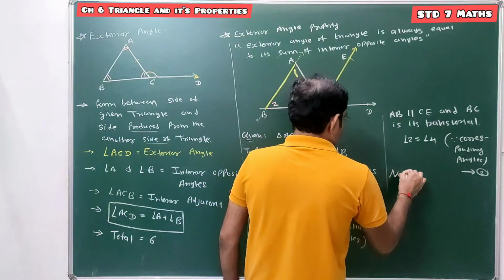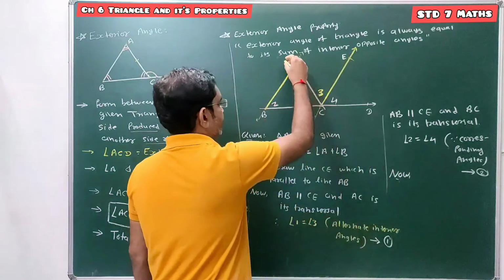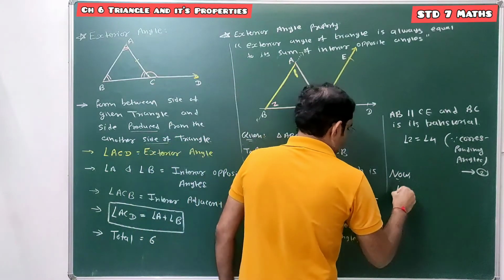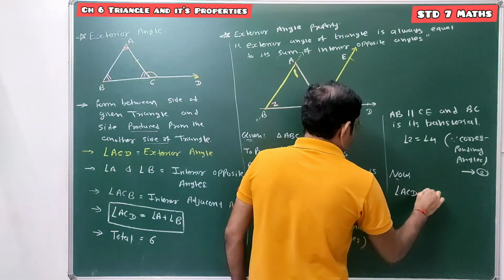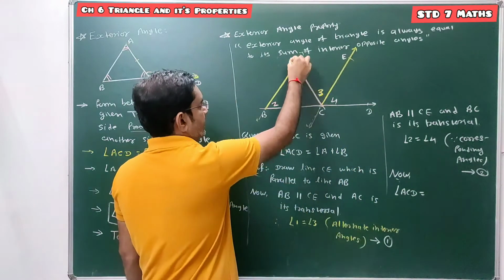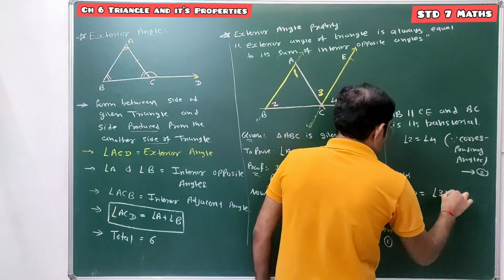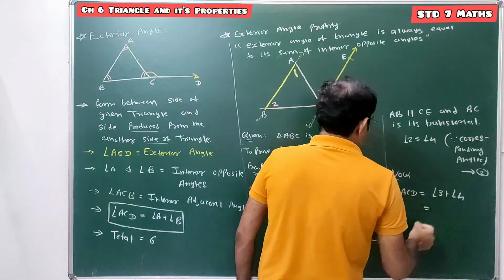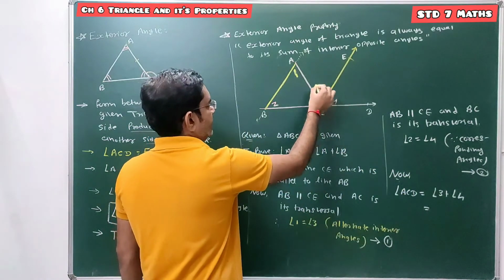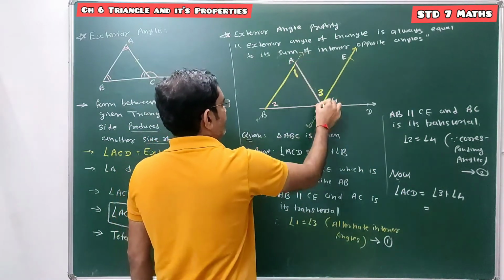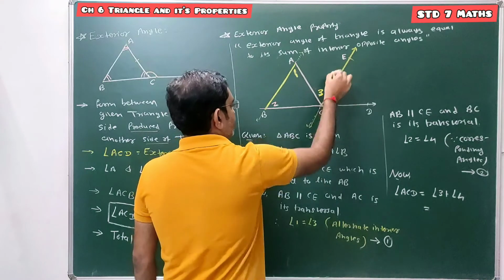So now the next step: we have to prove the exterior angle. The exterior angle is angle ACD. The exterior angle ACD is nothing but the sum of the two angles 3 and 4. These are the two adjacent angles. Angle 3 is angle ACE and angle 4 is angle ECD.